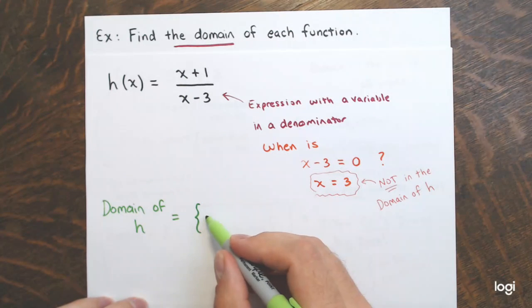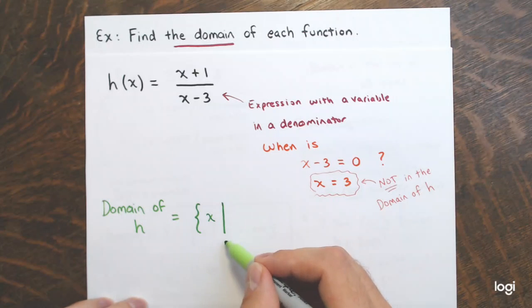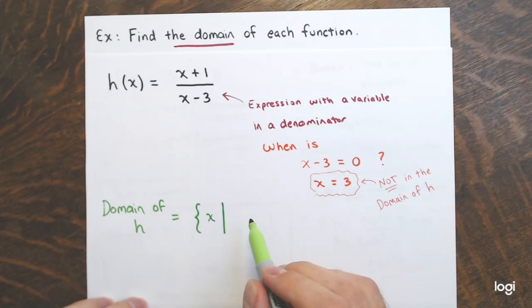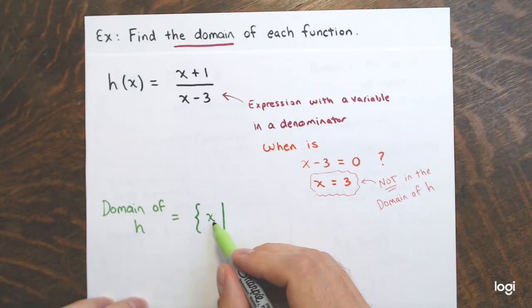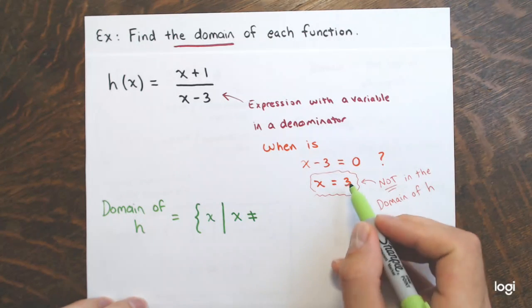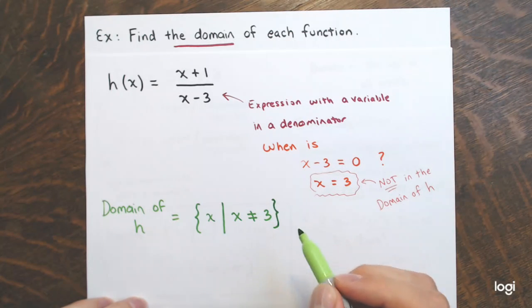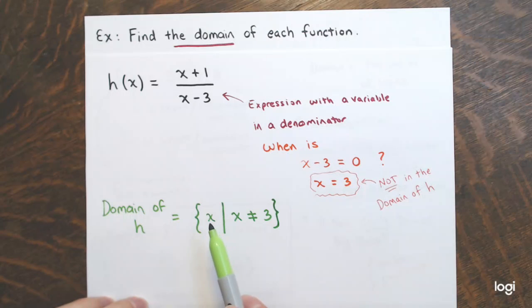My independent variable is again x here, so it's all values of x such that, or as long as, and then the condition: it's any real value x as long as x is not 3. And that's the only restriction. And I'd close the set there. So this is saying I can replace x with any real value I wish as long as it's not 3. So I can replace it with, like I said, 4, 5, 7, a million, whatever you want, as long as it's not 3.